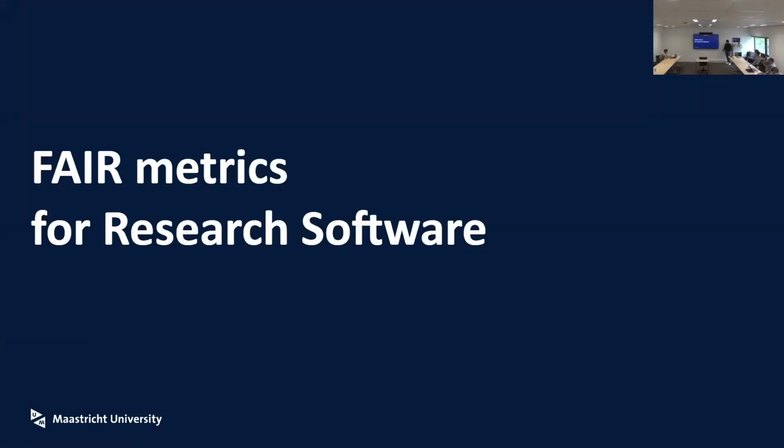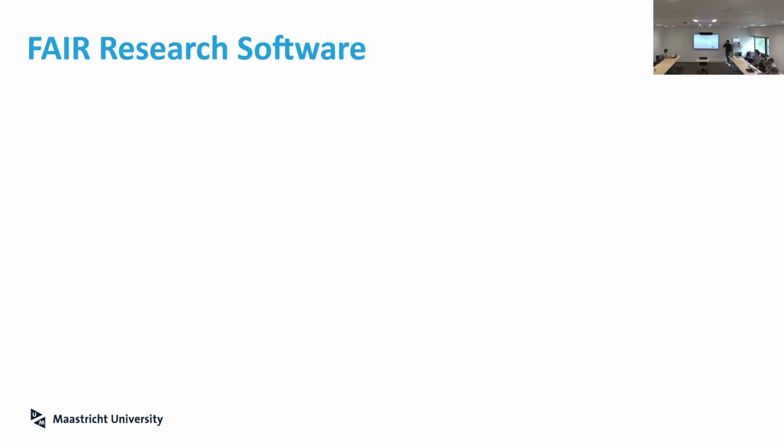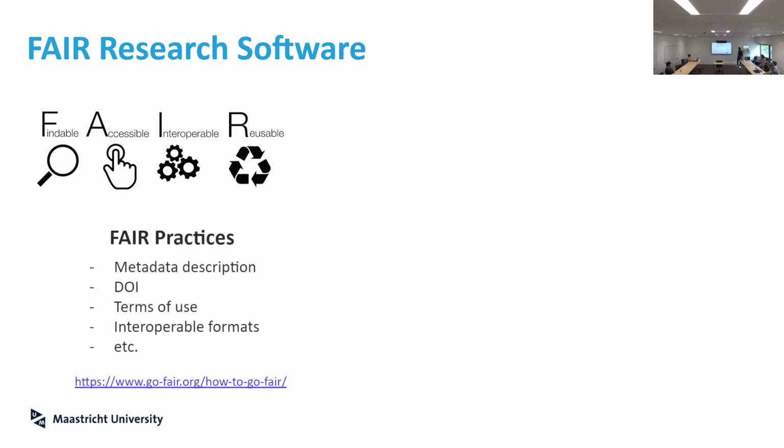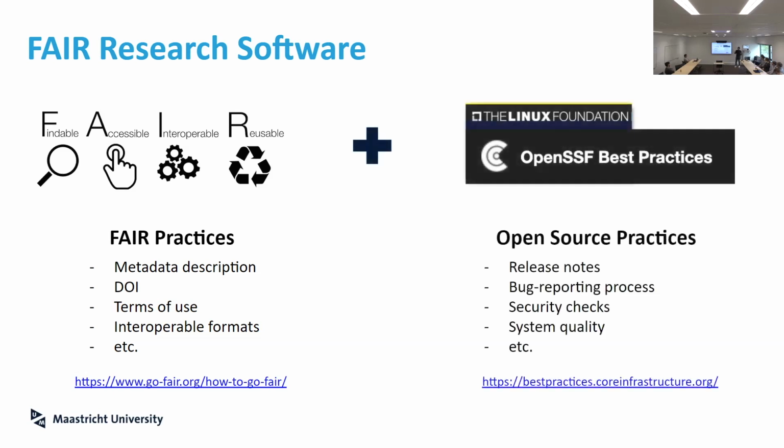Right. So how can we look at these FAIR principles applied to software? It is more or less straightforward, because we only have to take into consideration what we already know about the FAIR principles, like, for example, metadata description, DOIs, terms of use, interoperable formats, all those things that we already know.